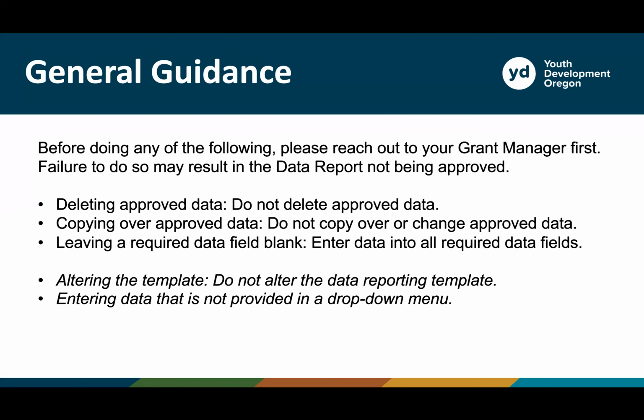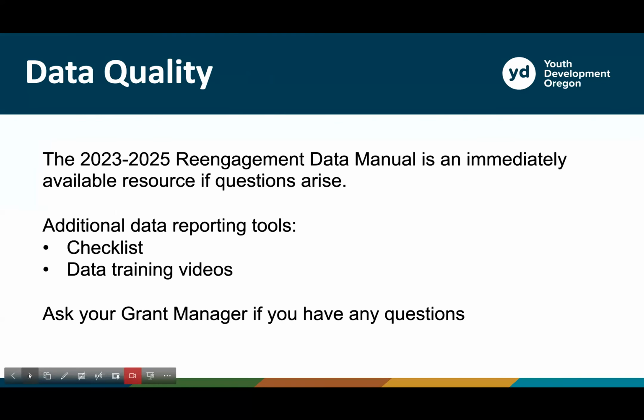I also included a couple other details at the bottom, which aren't as relevant for the smart sheet, but just in terms of general guidance, don't alter the data reporting template itself. There are some customizable fields in the re-engagement smart sheet, which you can work with your grant manager on, and also don't enter any data that's not provided in a drop-down menu.